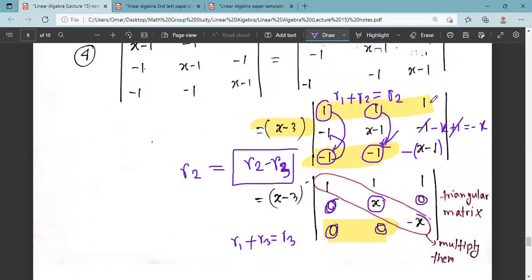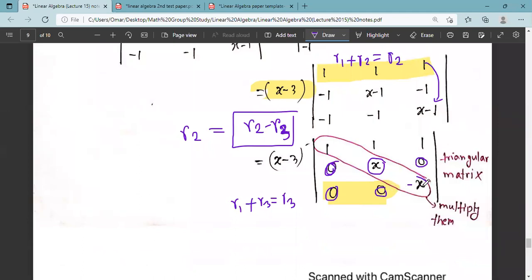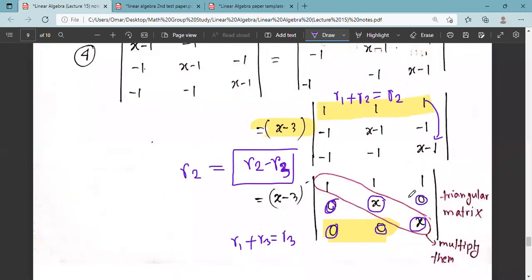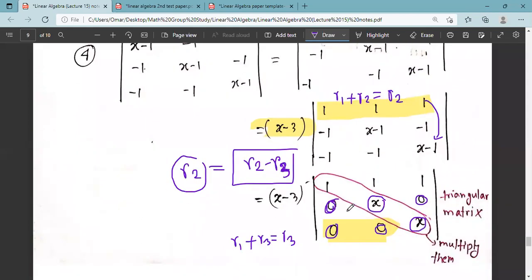And then 1 plus x minus 1, it will be only x, right? Oh yeah, now I got it. So it will be x here. Yeah, it was correct. It should be x. We were substituting the value in row 2, so it was 0, x, and R2 minus R3.